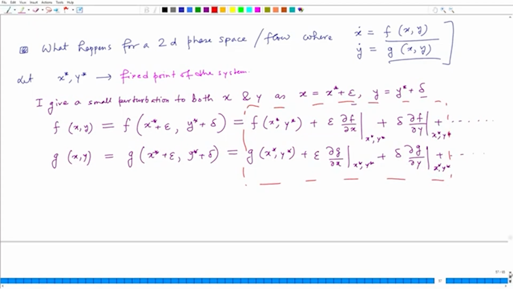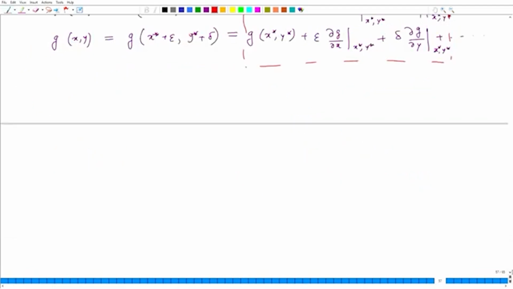If I do this, then finally the set of evolution equations of the state variables are given by x dot, y dot.